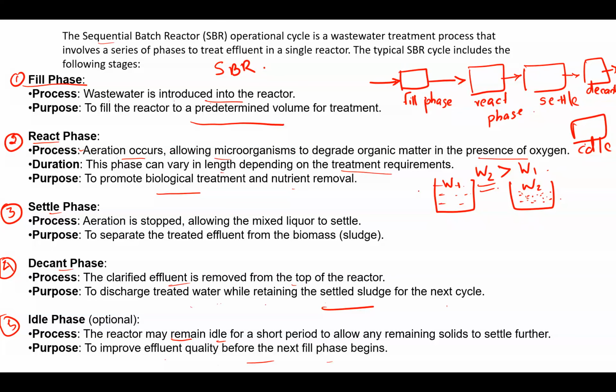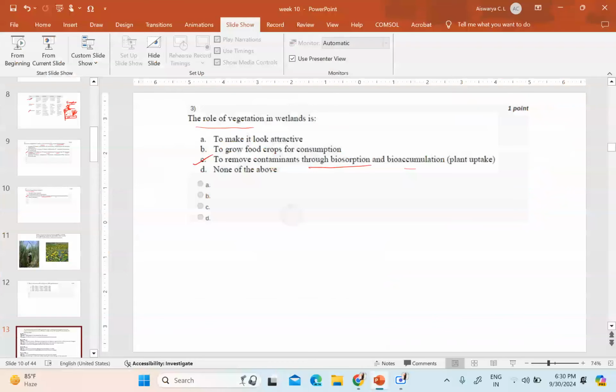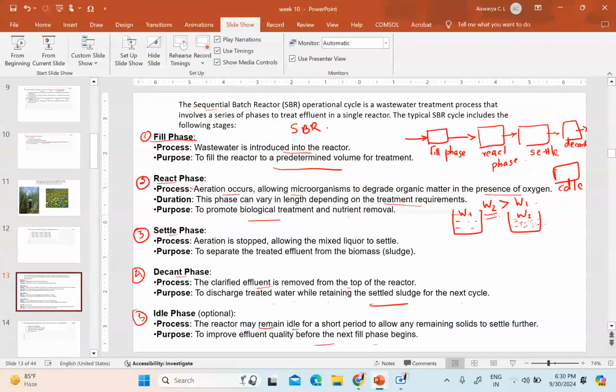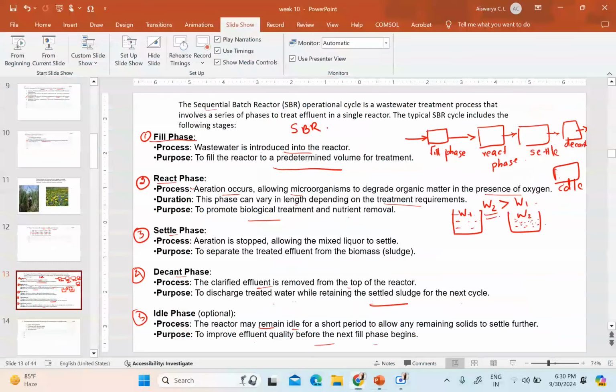The idle phase just operates the system a little more time, so that any remaining solids get more time to settle down. This will again clear the remaining water, so that the next cycle will not be much more concentrated.